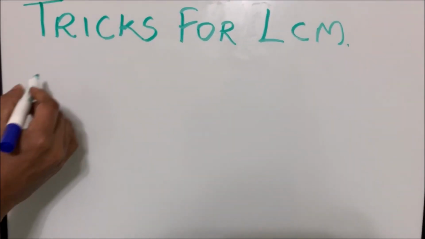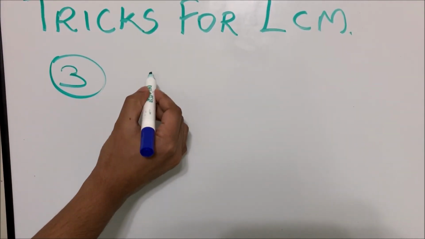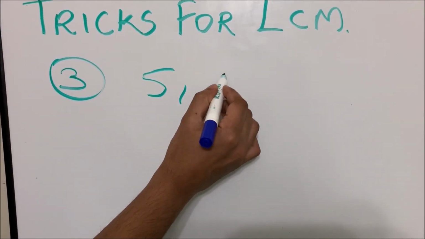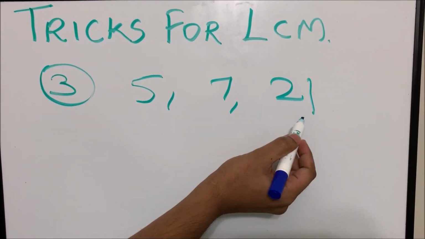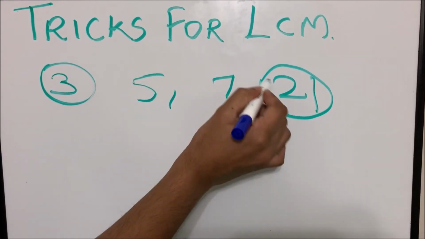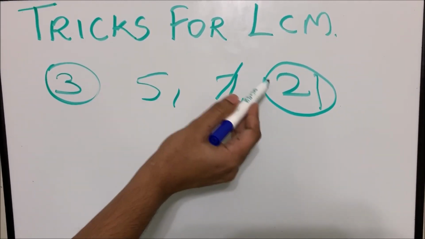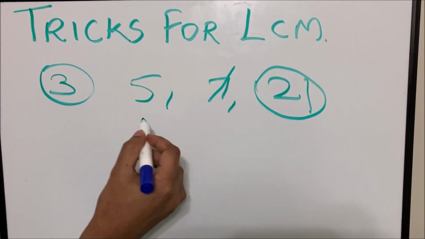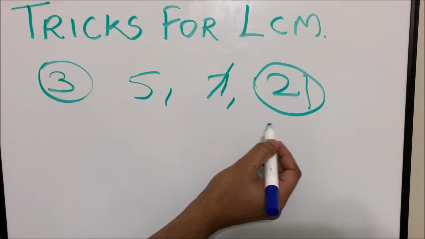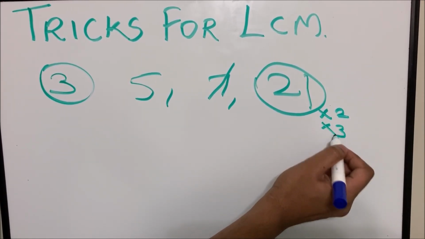Next, trick number 3. If it is a prime number, say for example 5, 7, 21. The bigger number is 21, and it's divisible by 7, and it is not divisible by 5, and 5 is a prime number. Here we can follow the same trick as we did in trick 2, that is multiplying and finding out.